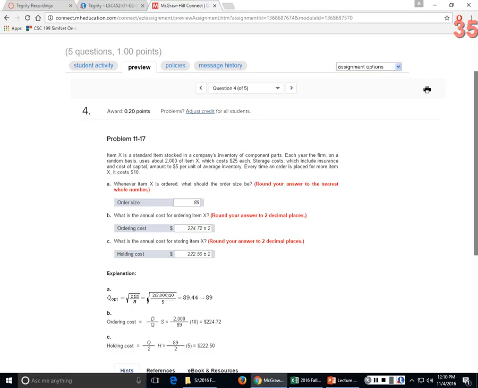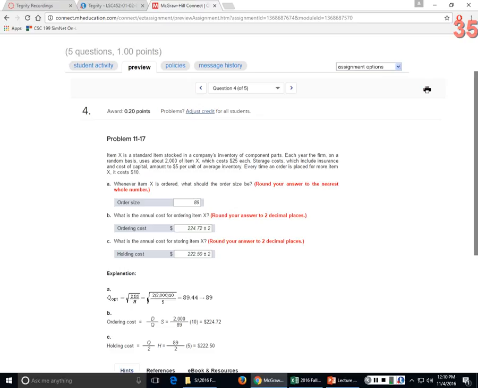You're going to do yourself a favor if you make sure you're familiar with what those variables are before you start your homework, or you'll struggle to figure out what goes with what. Whenever item X is ordered, what should the order size be? What equation would I use?